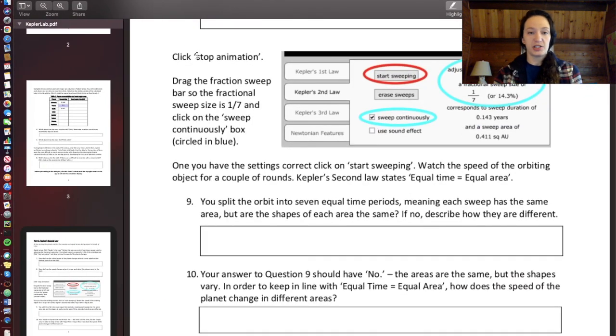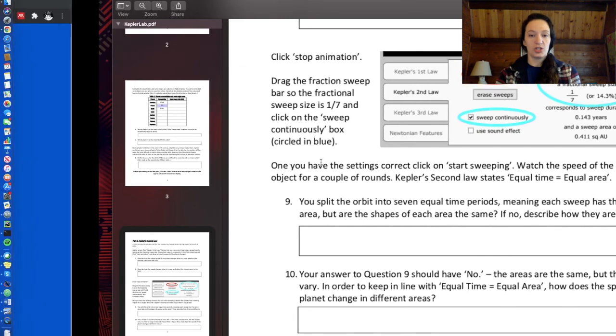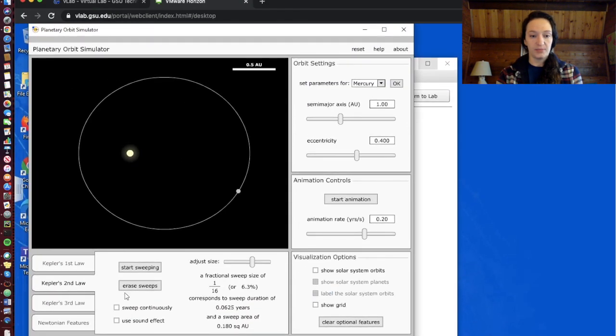So they're going to click Stop Animation. I've already stopped mine because my computer is so laggy. And what you want to do is go down to the box where you control Kepler's second law and all of the parameters we're going to be working with.